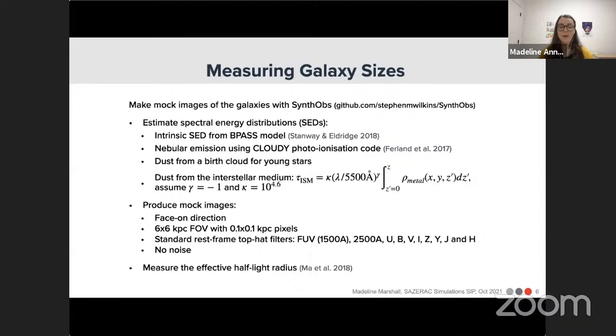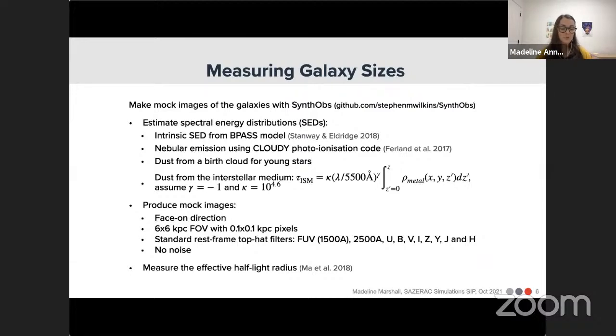And then we model dust attenuation through a few processes. The most important process that I'll briefly mention is the dust from the ISM, or interstellar medium. We use a very simple model here, a flat slope, a slope of -1, and normalized to match the UV luminosity function at redshift 7.